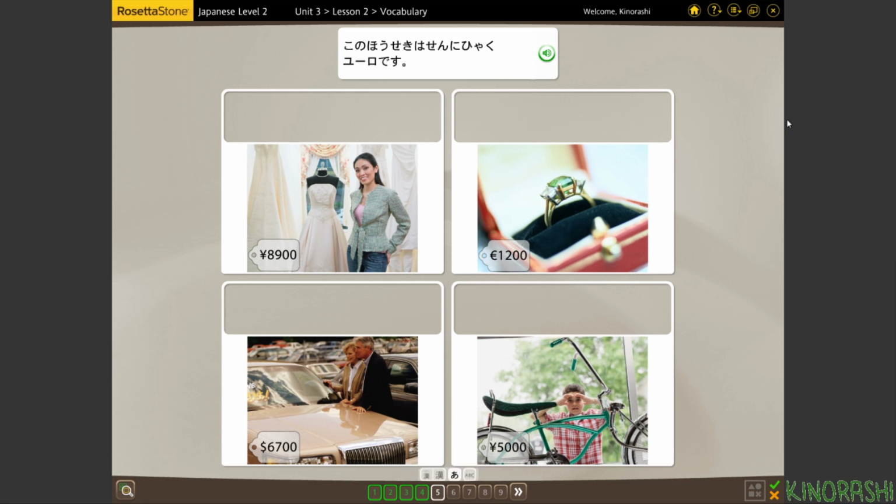この宝石は1200ユーロです。宝石. If you remember, jewelry store is Hosekiten, and jewelry is Hoseki.